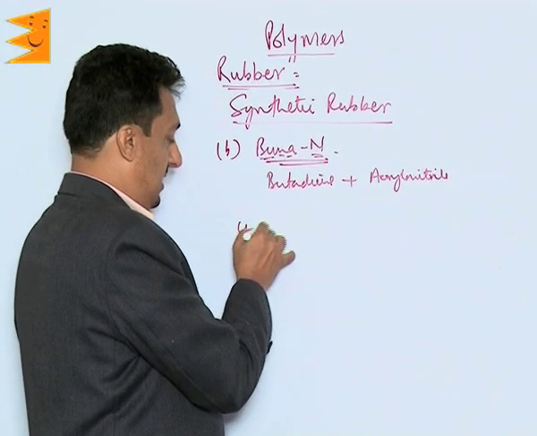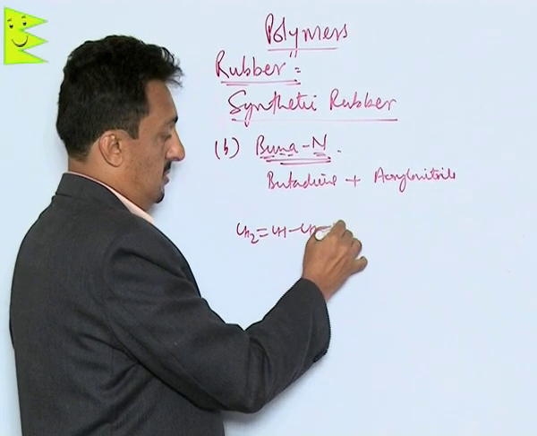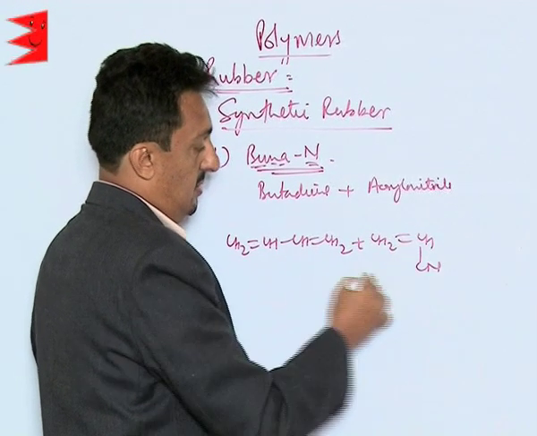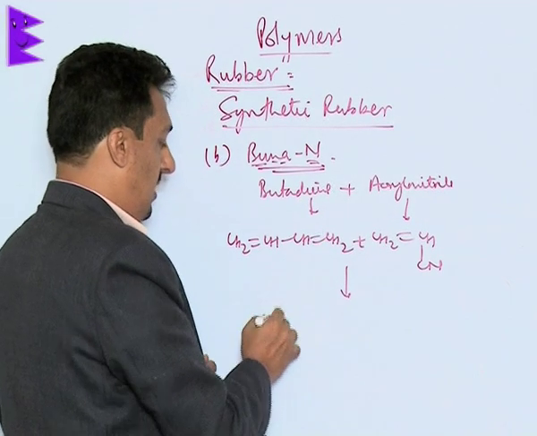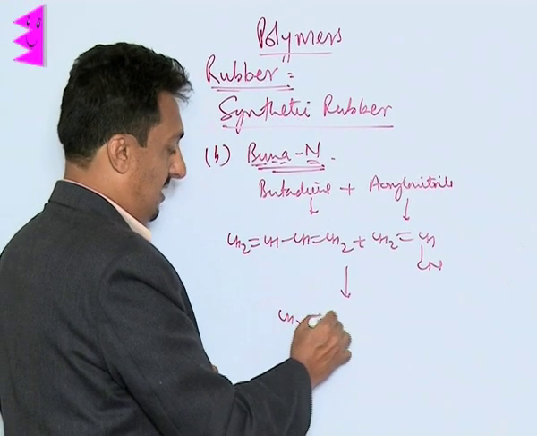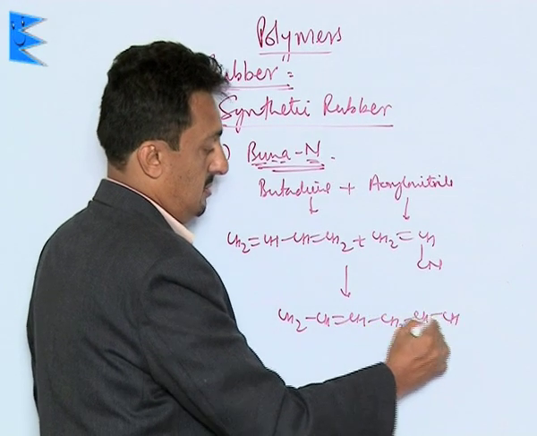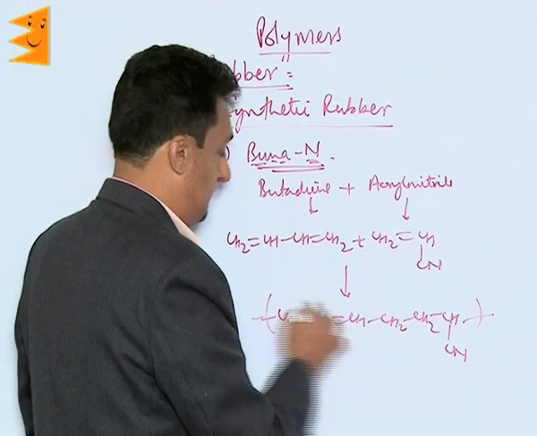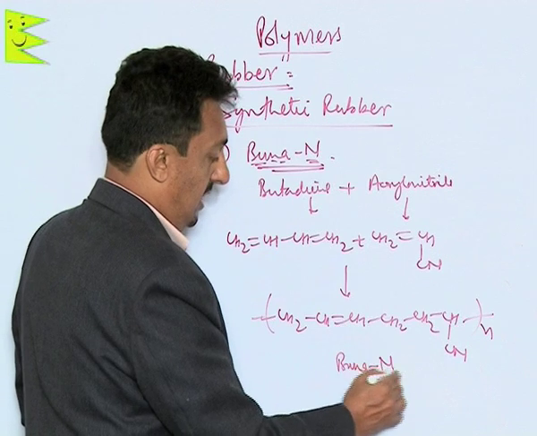When this butadiene is combined with acrylonitrile, this is acrylonitrile, this is butadiene, we get a rubber like this. And this is what is called Buna-N.